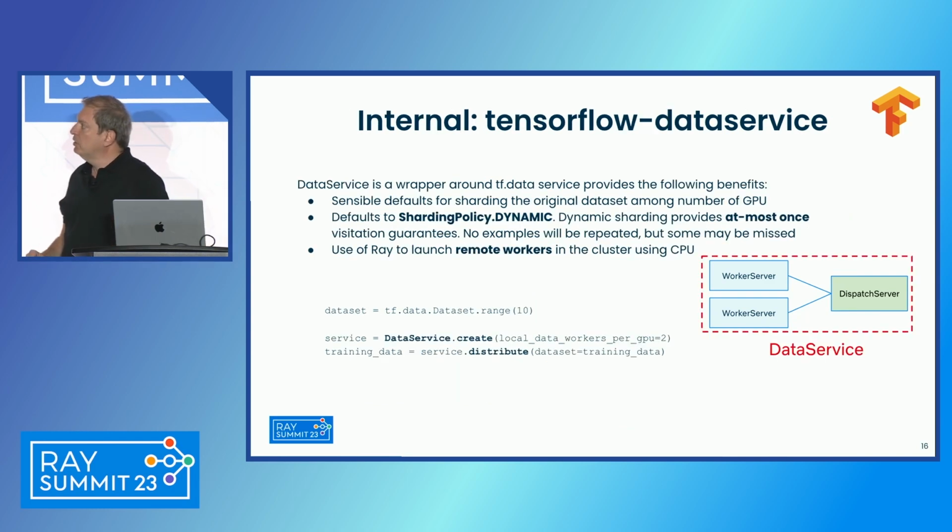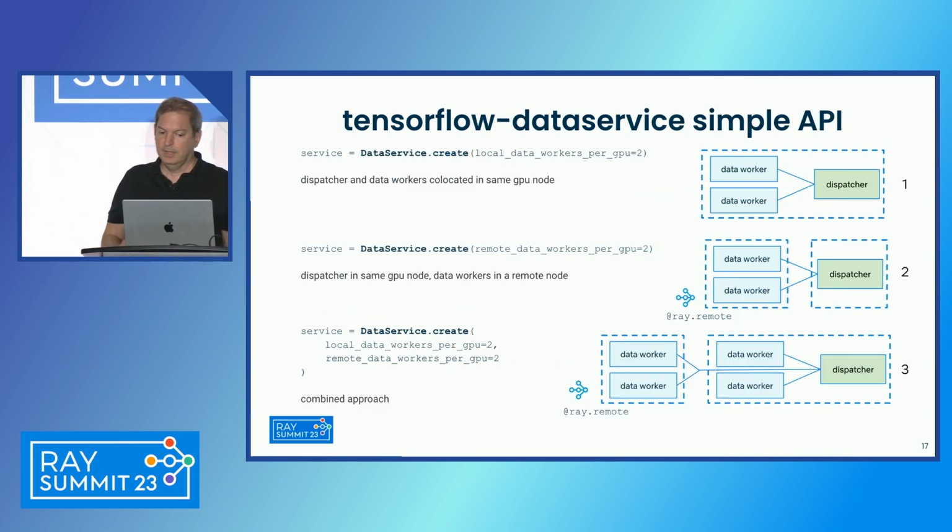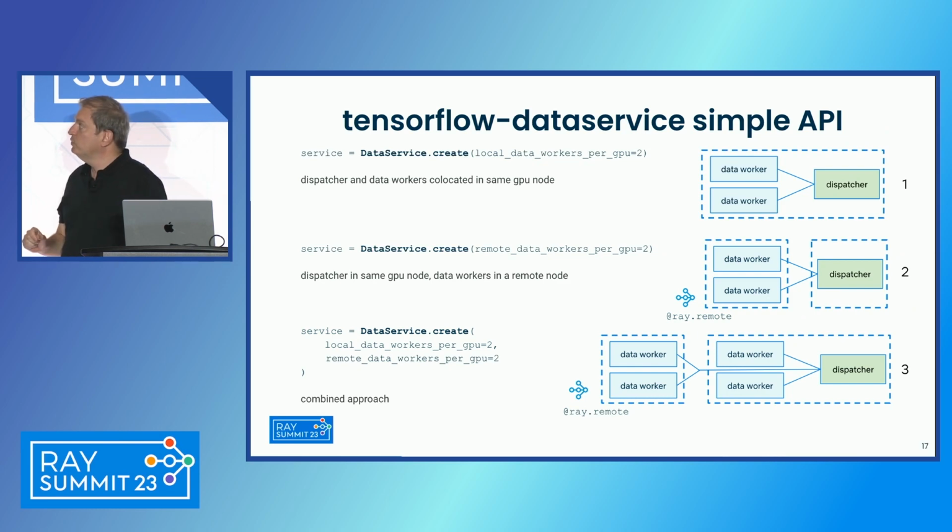What we have done is we wrap the whole idea of launching a dispatcher and workers as something called the data service. When we instantiate the data service, we let Ray deploy the workers and the dispatcher in different nodes so we can capture more threads to read the data from. There are various ways we can use this. The first one is just to create local workers.